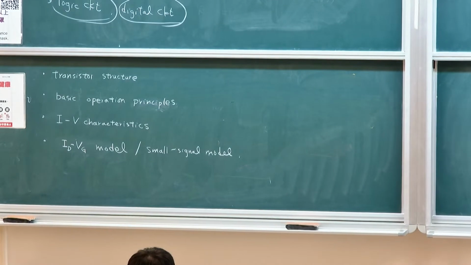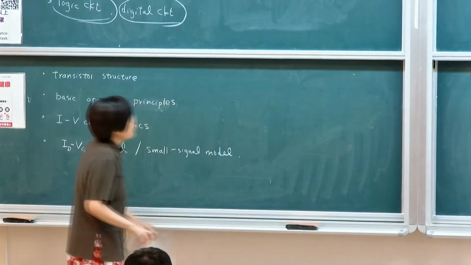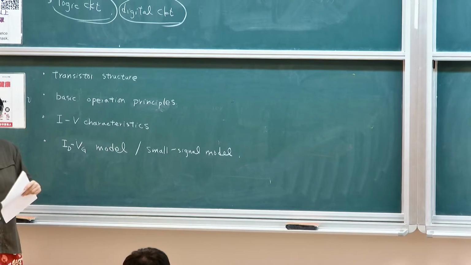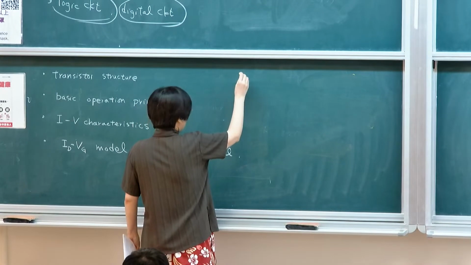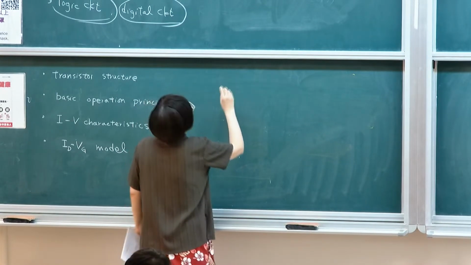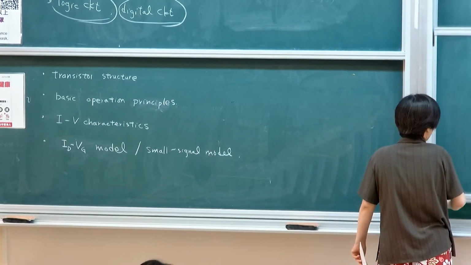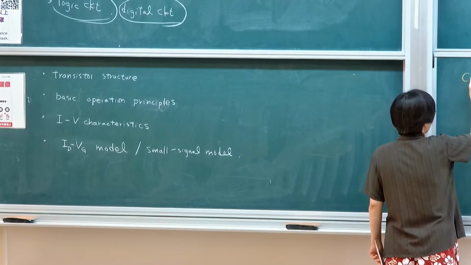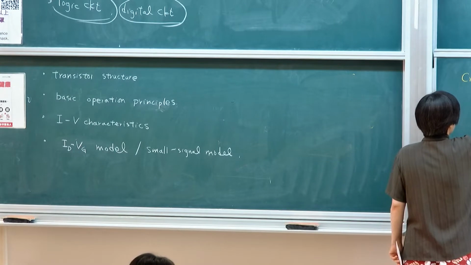Okay, so let's first look at device structures and circuit symbols. Typically, when you look at a device, we look at it from different directions. There are two views. One is called a cross-sectional view, which is when you cut through a wafer.